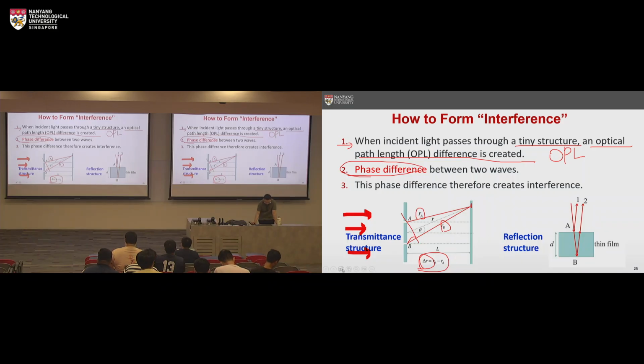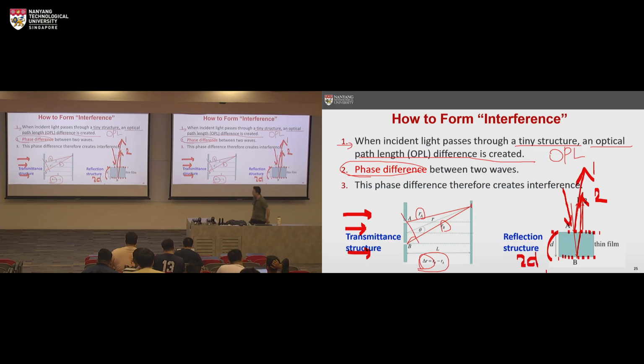Another method is that your light comes down from the top and meets a thin film. You get your first reflection at the first interface, and then a second reflection at the second interface. Number 1 and number 2 also experience a 2D amount of change.